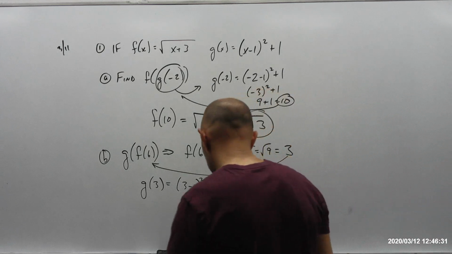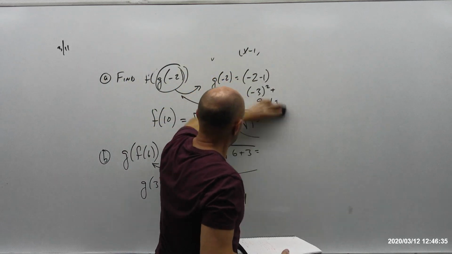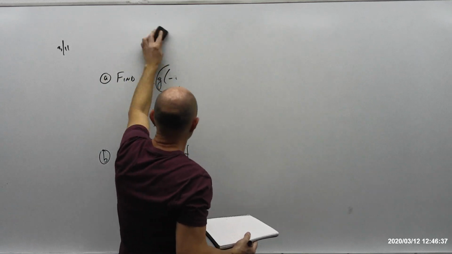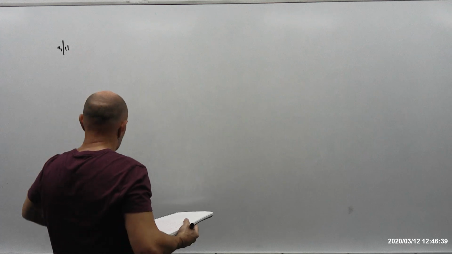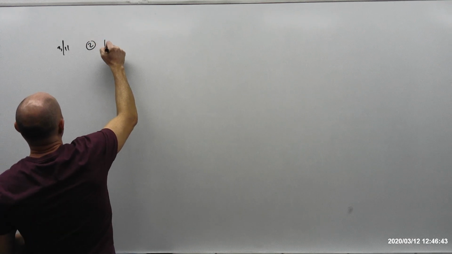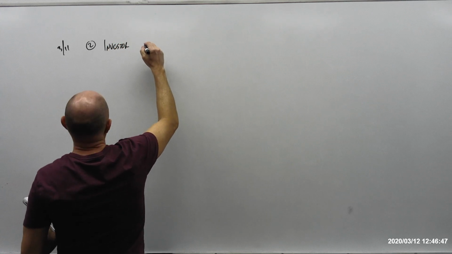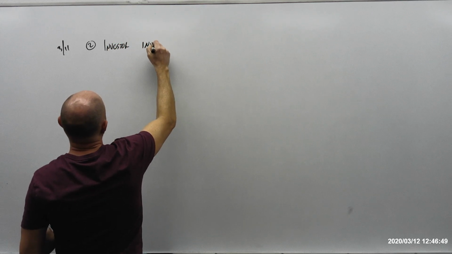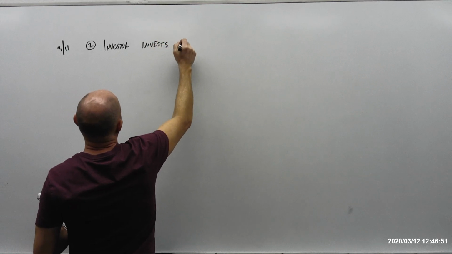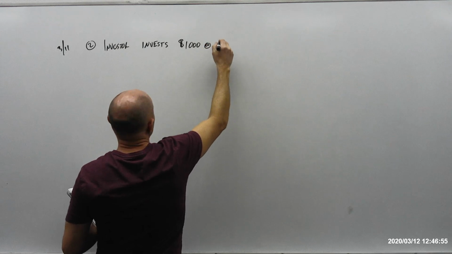And last but not least, number 2 is an investment problem, i.e. a mixture of money. So, an investor invests $1,000 at 5%.